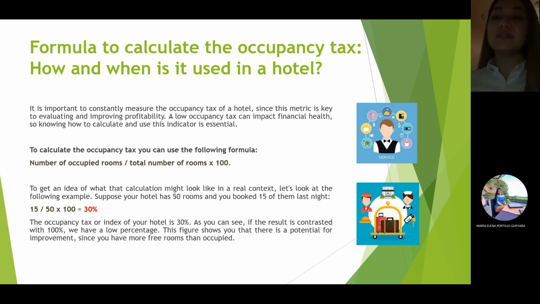So the occupancy tax or index of your hotel is 30%. As you can see, the result in contrast with 100% is a low percentage. This figure shows you that there is potential for improvement since you have more free rooms than occupied.